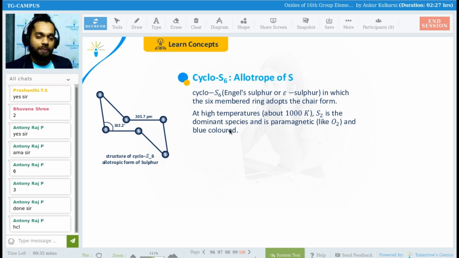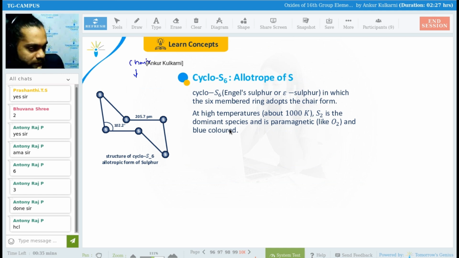How does it look like? Come on, tell me your imagination. First of all, let me tell you, it is a chair form. Apart from chair, what does it look like? Sir, it looks like a sleep. To me, it looks like thunder. Thunder would have been more accurate, but it would be easy to remember.